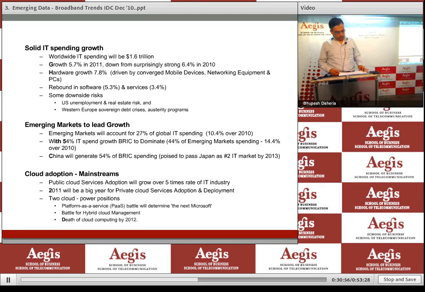So despite a lot of economic slowdown, 6% growth in IT spending is a good number, because the GDP growth the world may see is maybe around 3% in 2011.